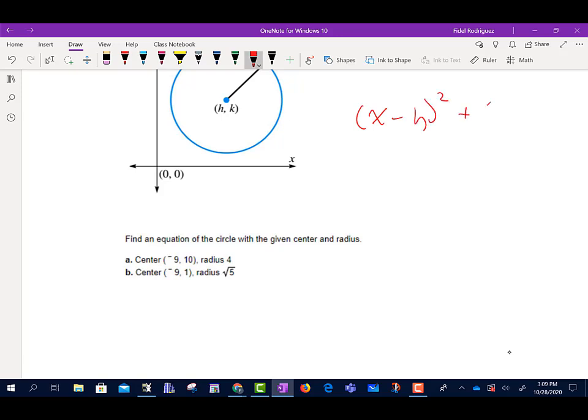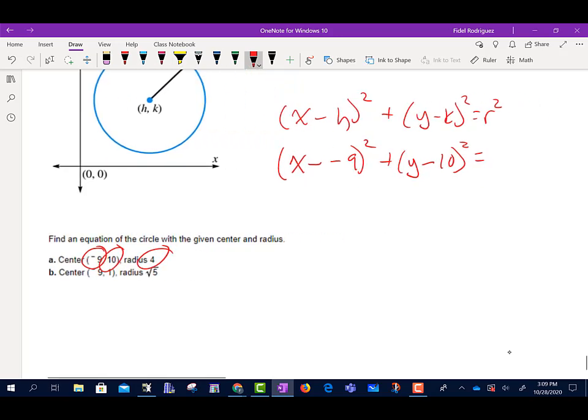Okay, so the first thing I'm going to do, I'm going to write down my formula. Okay, so I'm going to say x minus, look at what number h is. It's a negative 9, so you got to put a minus negative 9. Plus y minus, look what k is. K is a number 10, so I'm just going to write 10 squared, equals the radius, which in this case is 4 squared.